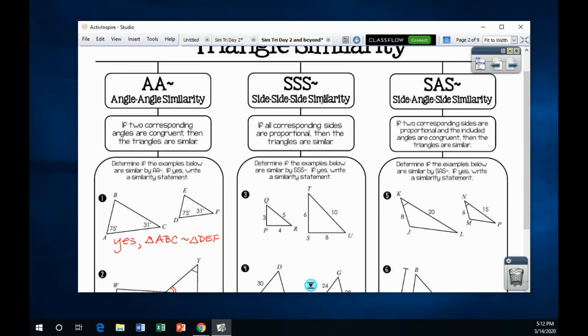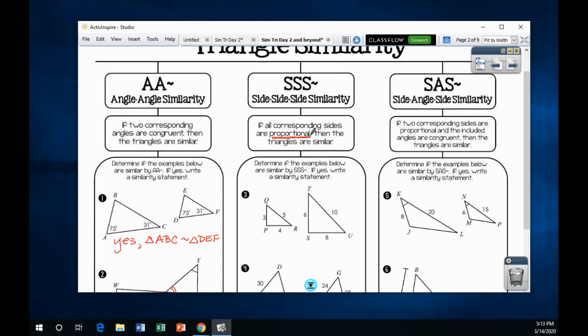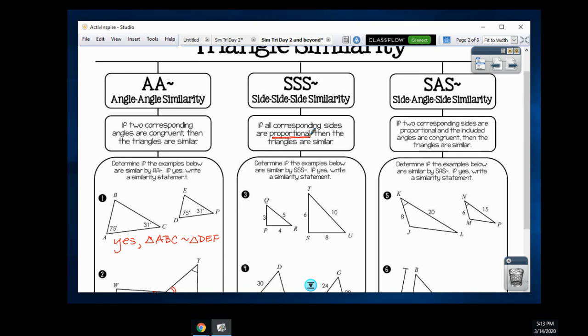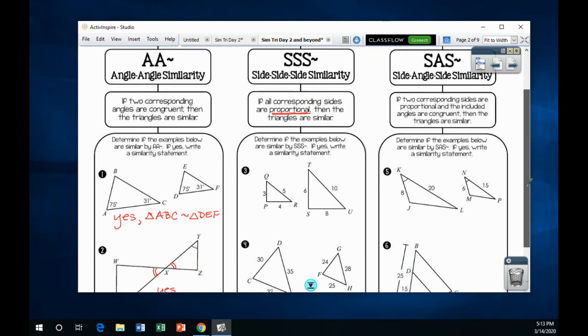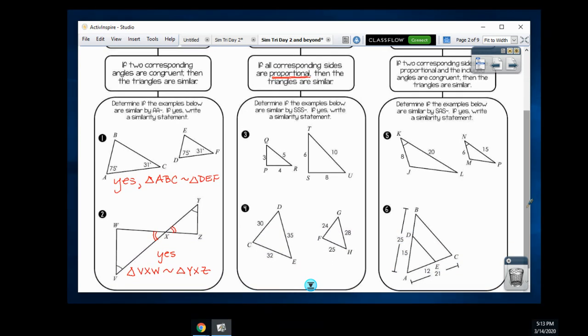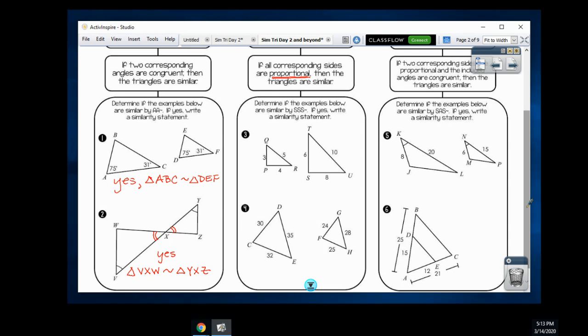And remember, the sides are not congruent. Check this out. If all corresponding sides are proportional, then the triangles are similar to each other. So again, this one does not even consider the angles. It just looks at the sides to see if they are in fact proportional to one another. So let's take these two examples right here and see if that is the case.